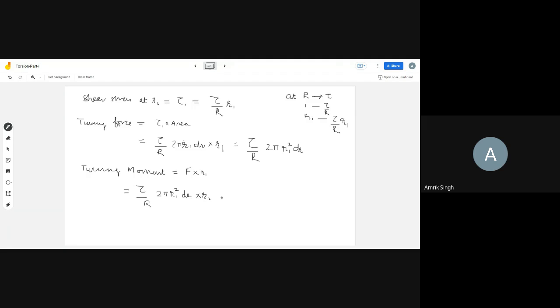So this is equal to tau upon R into 2 pi r1 cube into dr. This becomes the turning moment required for the torsion to resist.